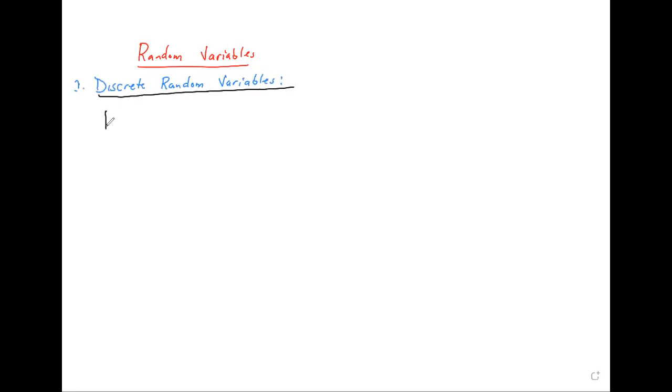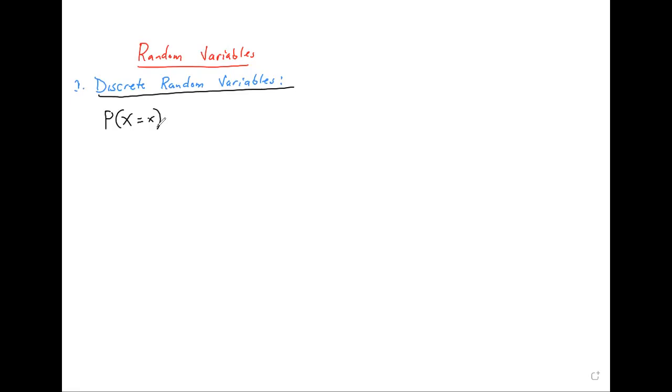By definition, by denotation, this is what we call a discrete random variable. That's how we present the function. Instead of saying f of x, we say P(X = x). The bigger X is a variable, the x inside is an element. The variable keeps varying.